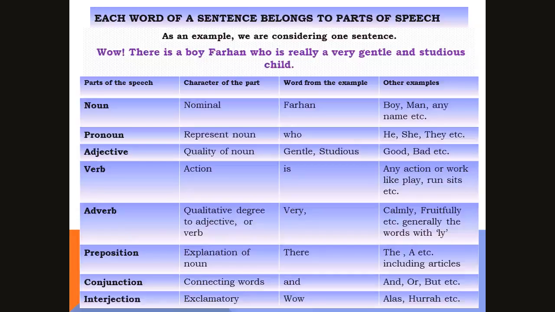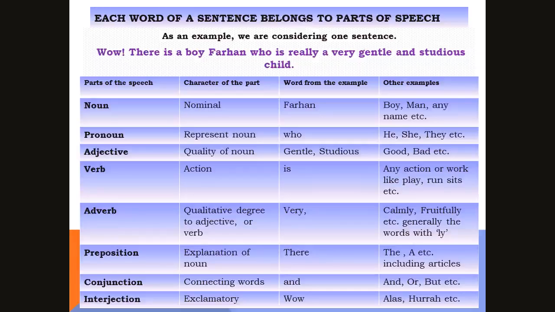Now, as for the parts of speech, first of all comes the noun. What is the noun? A noun is nominal, meaning it represents some name. From the example, you can see Farhan.